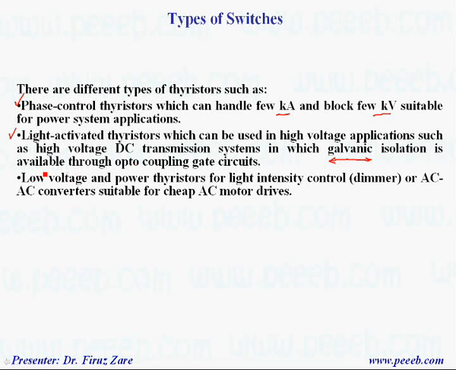And the next one is low voltage, low power thyristors for light intensity control or dimmers, or any other AC converter operating at line frequency, suitable for cheap AC motor drives.